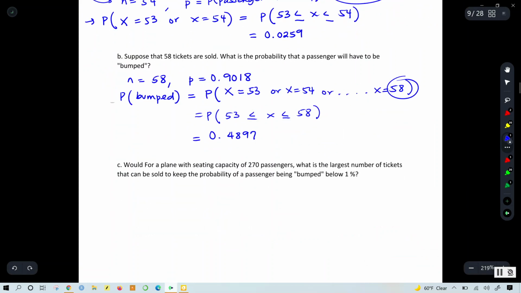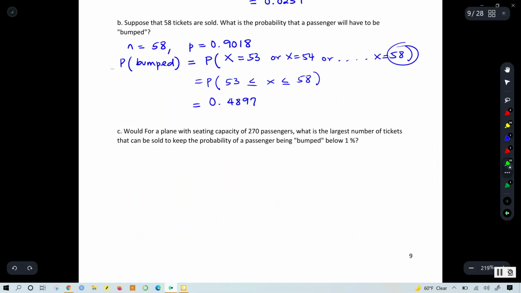With that question completed, we proceed to question C. There is a mini typo here. So for a plane with a seating capacity of 270 passengers, what is the largest number of tickets that can be sold to keep the probability of being bumped below 1%?